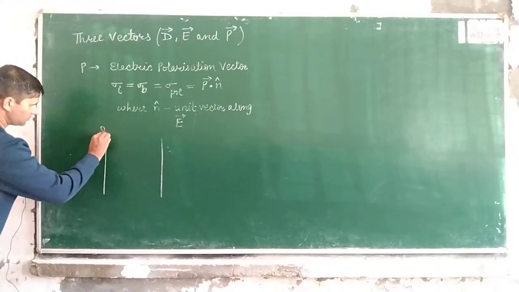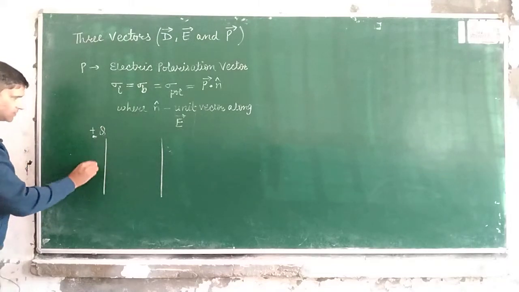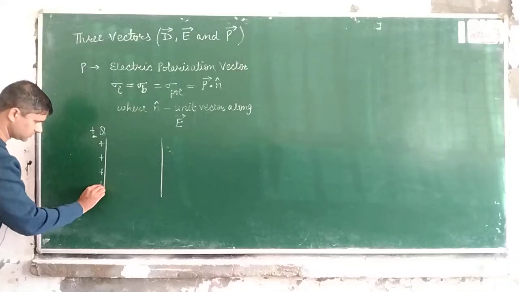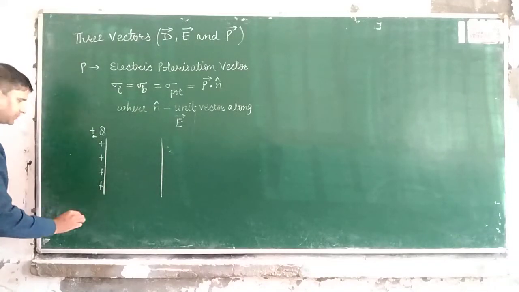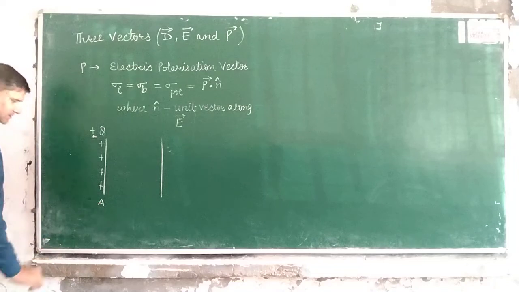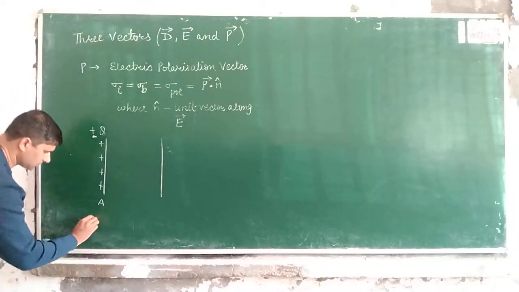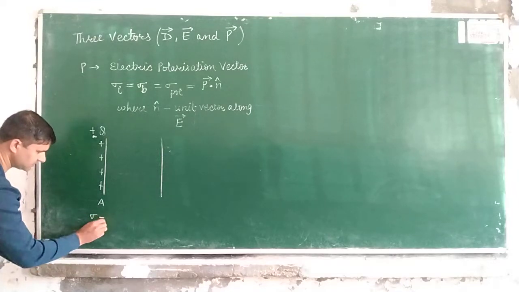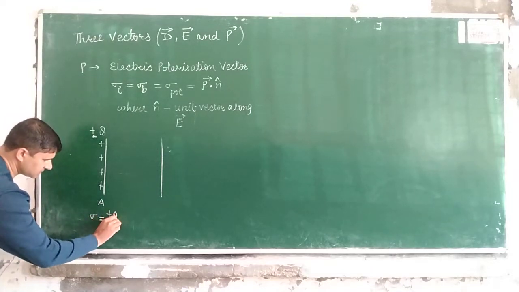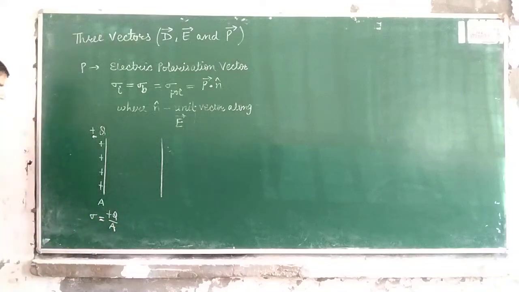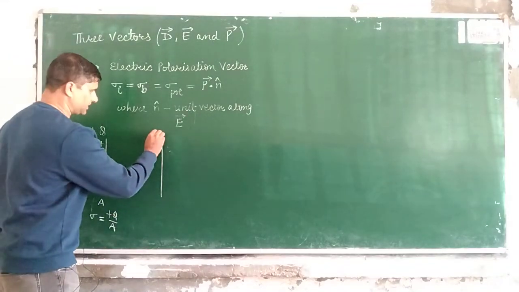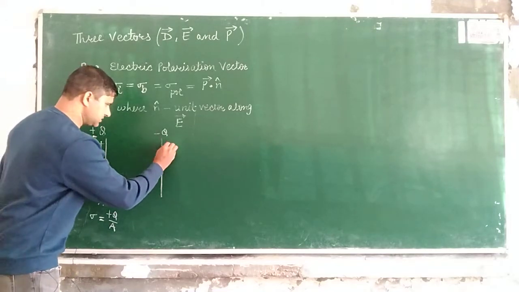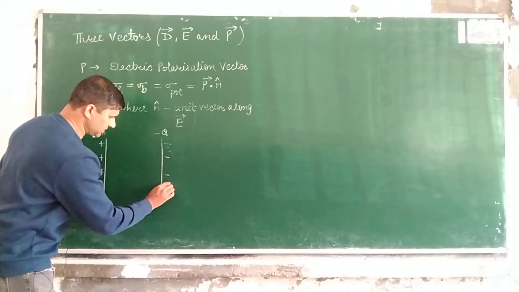Here we have a plus charge on this plate and this positive charge is uniformly distributed over the surface of this plate whose area is A. So there will be a positive charge density on the surface of this plate, plus Q by A. And on this plate we have a negative charge minus Q, uniformly distributed on this plate.